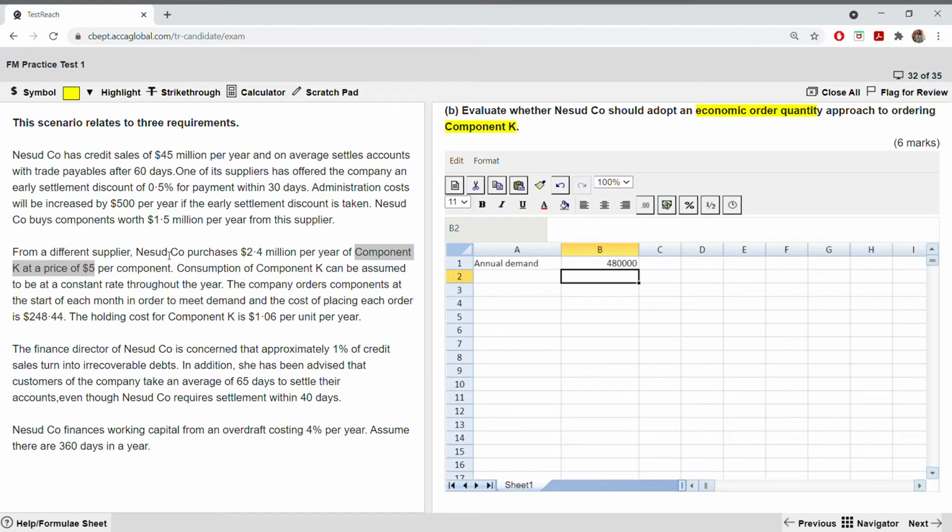Okay, 480,000 units per year. You can even write here if you want, units per year in the next column, because if you write in the same cell, this function will not perform. You can write next to it for you to understand this 480,000 as units per year. Next, each month. Okay, you have to find for each month.